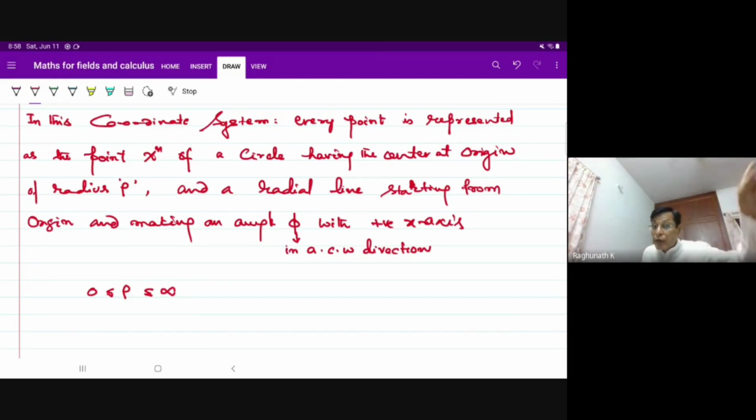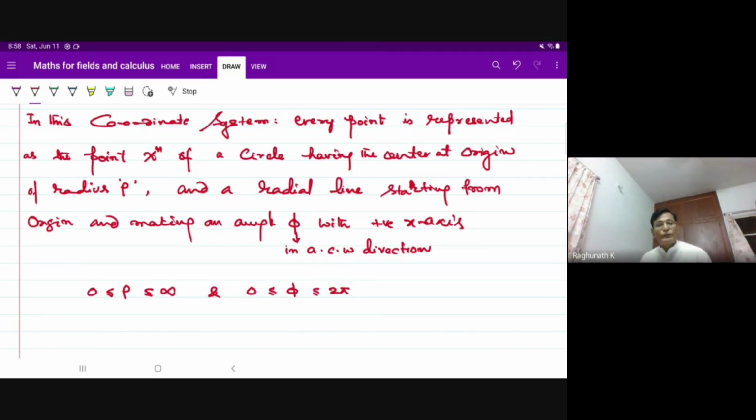X takes the values from minus infinity to plus infinity. Y takes the values from minus infinity to plus infinity. Rho takes the values from 0 to infinity because radius cannot be negative. And 0 less than or equal to phi less than or equal to 2 pi. Positive 2 pi is always in the anti-clockwise direction.